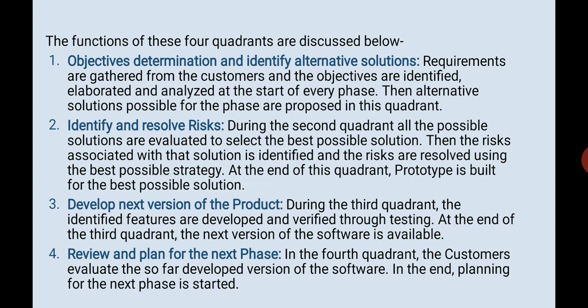And how will we resolve these risks using the best possible strategy? At the end of this quadrant, a prototype is built for the best possible solution. Why do we say best possible? Because at that point in time it was the best possible solution we could imagine from a developer's point of view.